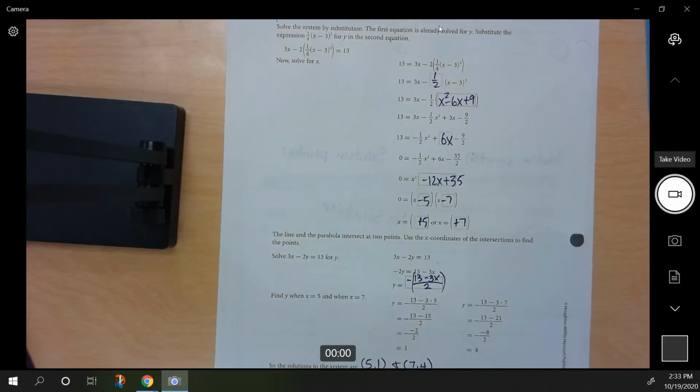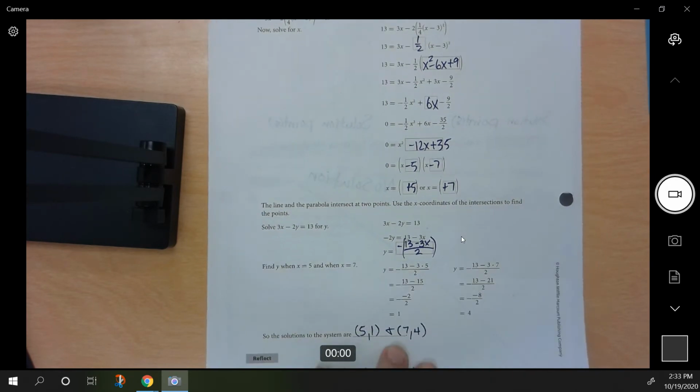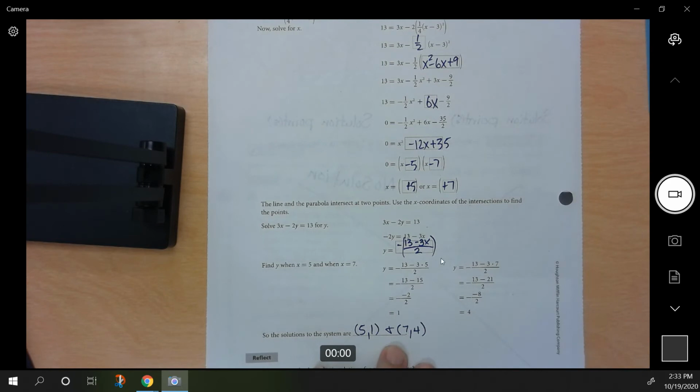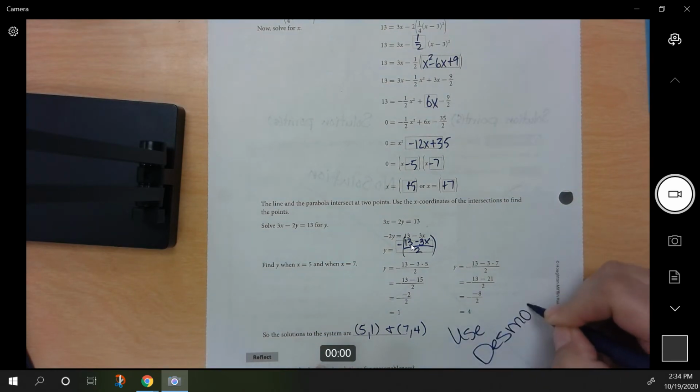What they're showing is that you can use substitution, solve to get your x's, and then substitute that 5 and that 7 back into the original equation to figure out what your y's are. Again, we are not doing the algebraic. We are simply using Desmos. Please don't try to do this by hand, not until we're ready for it, okay?